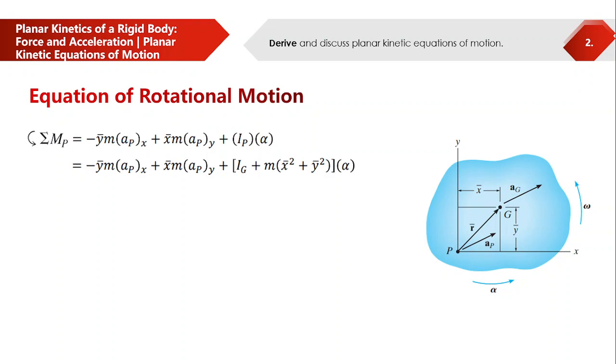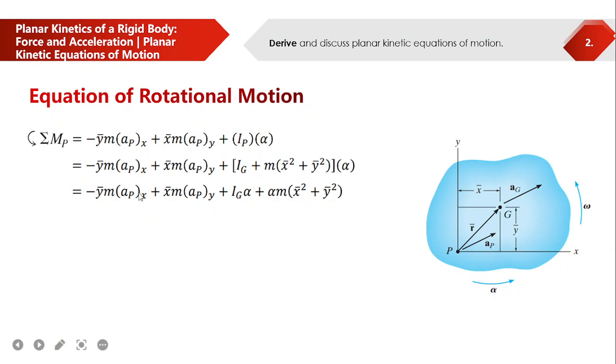So that will be negative y bar m times a sub G sub x plus x bar m times a sub G sub y plus I sub G plus mass times (x bar squared plus y bar squared) times the angular acceleration.